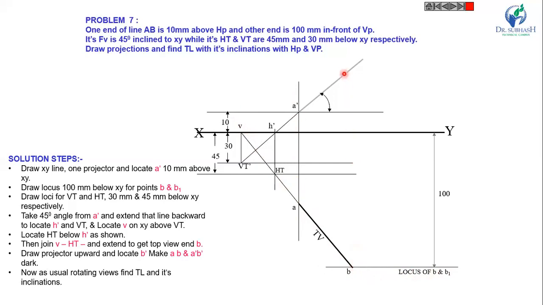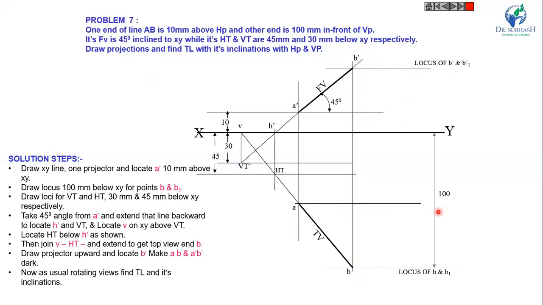Now you can find B dash by drawing the projector from B. So this point is B dash. A dash B dash is the front view, and this inclination is already given, 45 degrees. Now draw the locus of B dash and B1 dash and find the true length as usual.